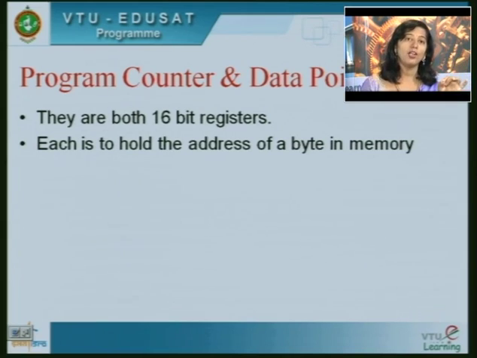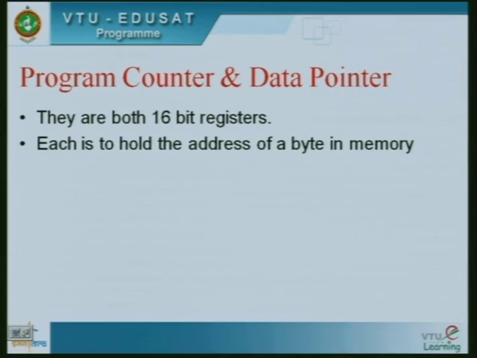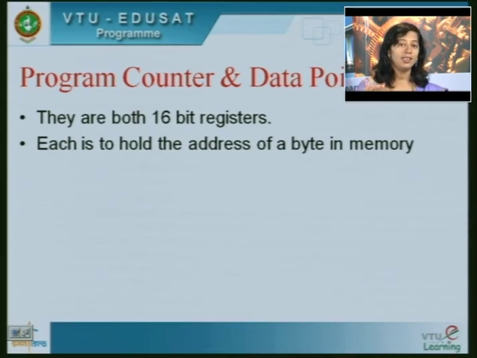So I need a pointer which will point to every instruction in the program, bring that instruction and execute it. So the program should be fetched from the program memory into the microcontroller, and there it will be executed. We call this the fetch and execute cycle.